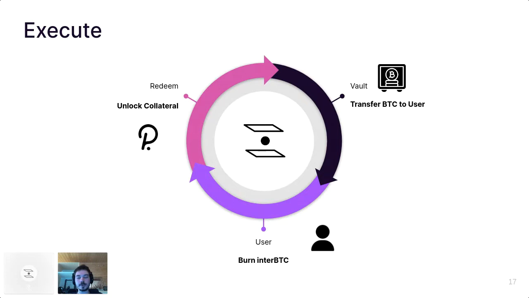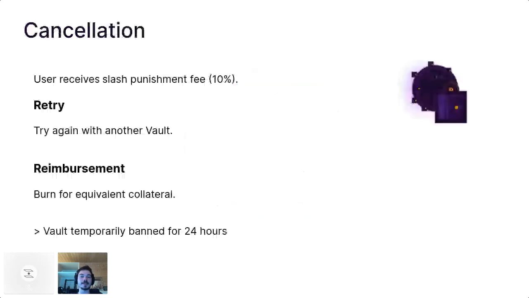But something you might notice is that while economically the collateral incentivizes the vault to send the BTC to the user, there's nothing physically forcing the vault. The collateral is then used as the insurance in case the vault fails to send the BTC, because in that case the vault is slashed about 10% currently of the value of the redeem.